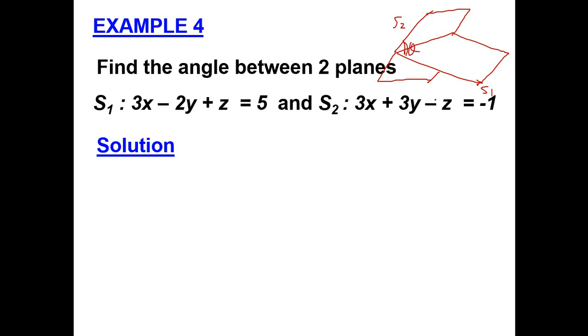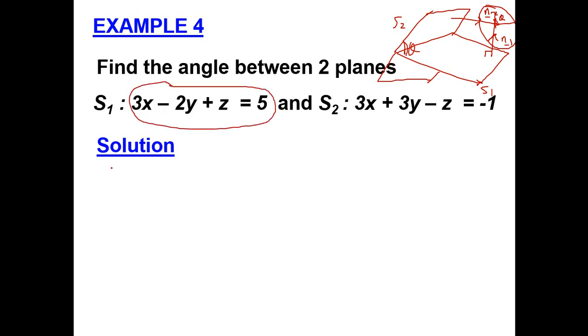In S1 you have N1, a normal vector which is perpendicular to S1. For plane S2, we have N2, which is normal to S2. So we need to find the angle between N1 and N2.